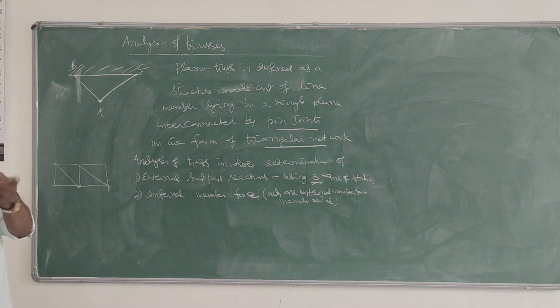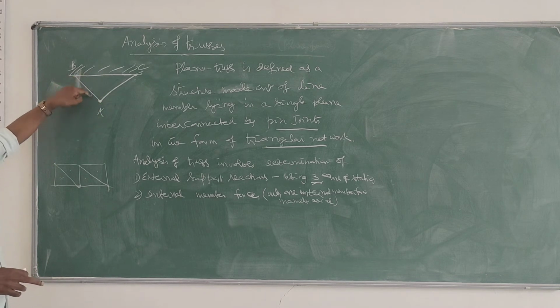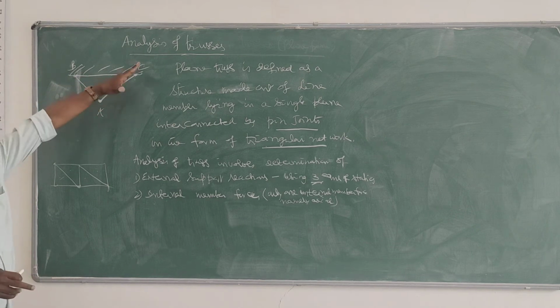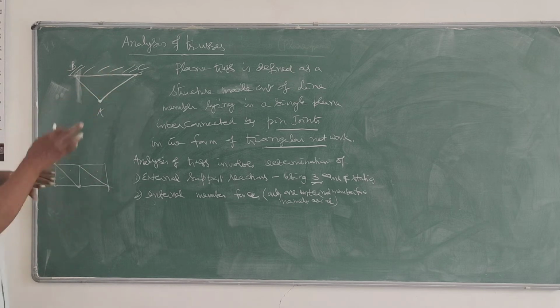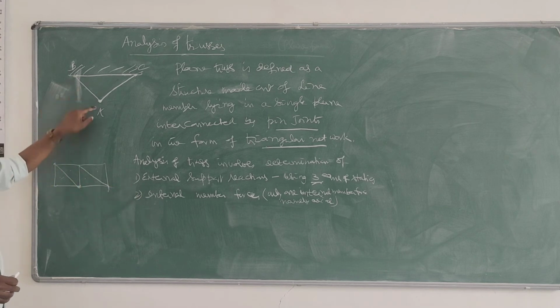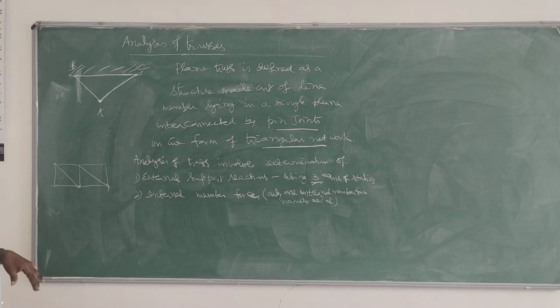That's why we apply two equations of equilibrium, sigma Fx equals 0, sigma Fy equals 0, and we find the horizontal component at the end and the vertical component at the end, and these two we can combine to find the resultant axial force along the member. That is square root of Fx squared plus Fy squared. Because they are orthogonal, we can find that force in the inclined direction.